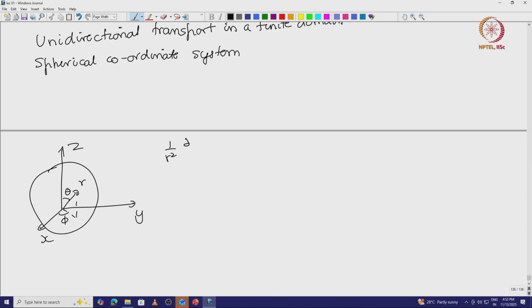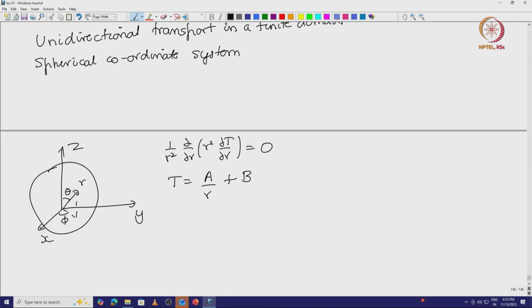1 by r square d by dr of r square partial t by partial r is equal to 0. You can integrate this and you will get T is equal to some constant by r plus some other constant.